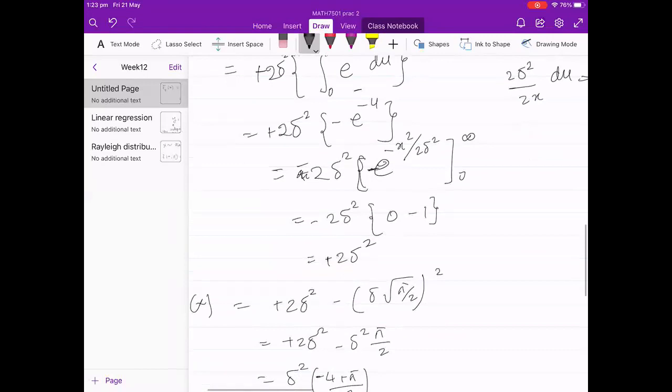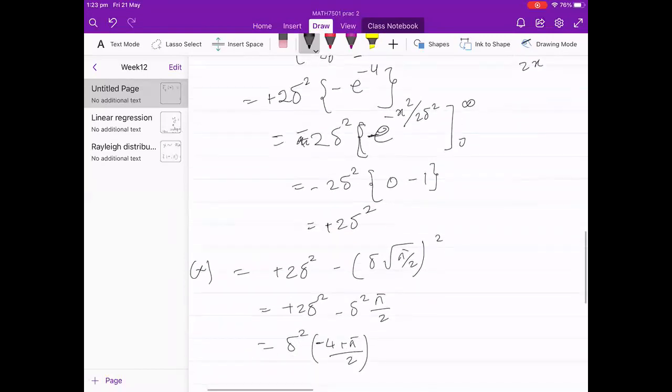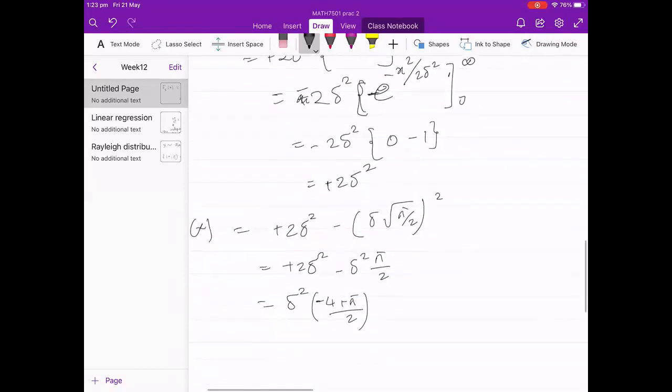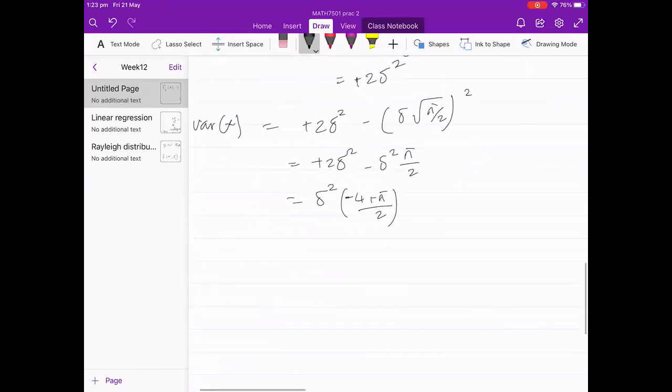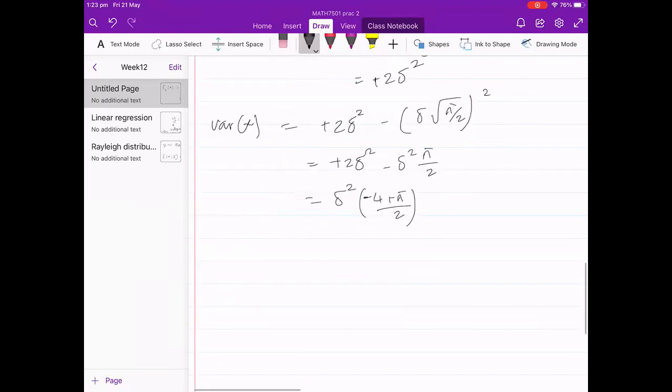Integrating this gives minus e to the power minus u, which when I evaluated with limits x going to infinity and x going to 0, is 0 minus minus 1, which gives 2 sigma squared. That means computing the variance using the formula, variance of x is equal to the expected value of x squared minus mu squared. Mu is the mean which we computed earlier, sigma times square root of pi over 2, which simplifies to sigma squared times pi minus 4 divided by 2.